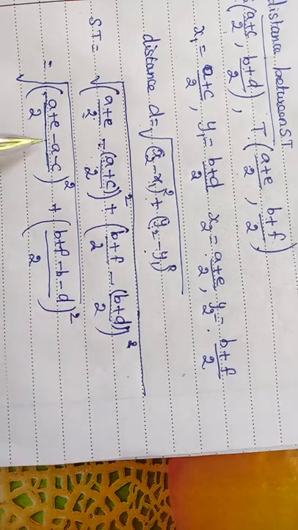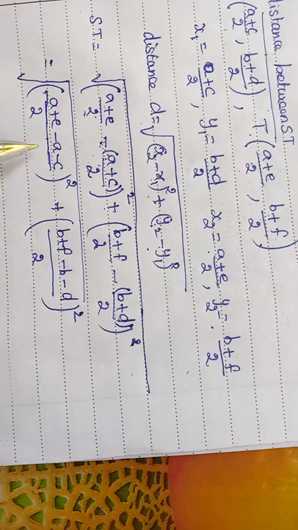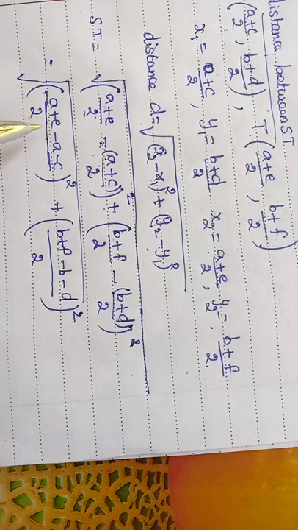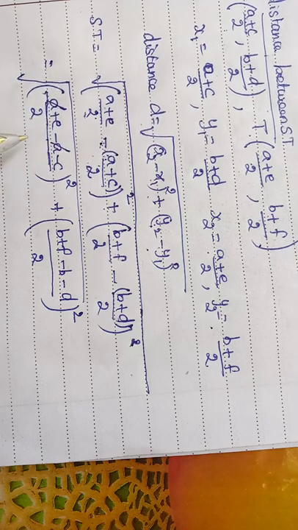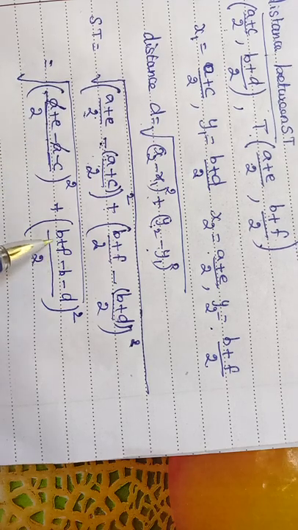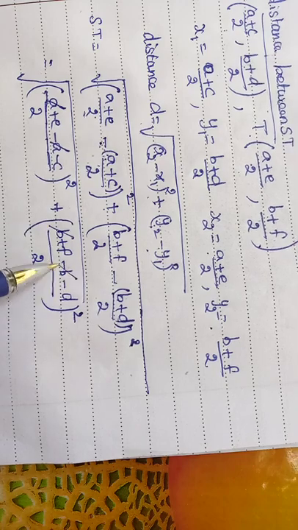Okay, now check whether any terms can be cancelled or not. Is there any possibility to cancel? Yes, isn't it? Plus A minus A can be cancelled. Here also plus B minus B can be cancelled. Let's write the remaining terms.